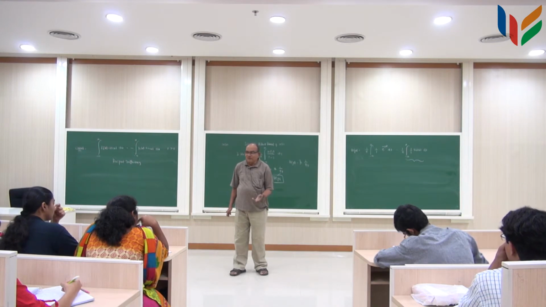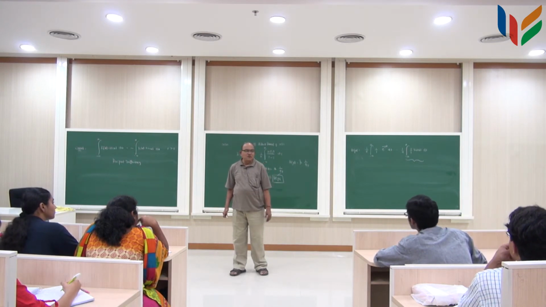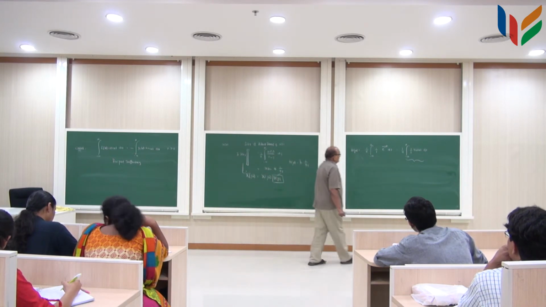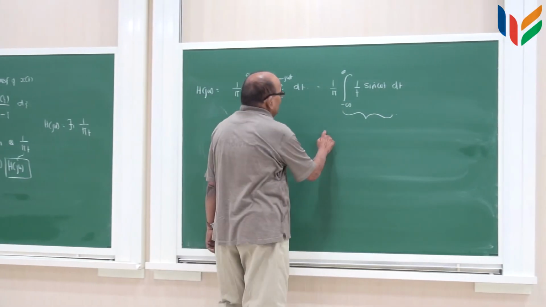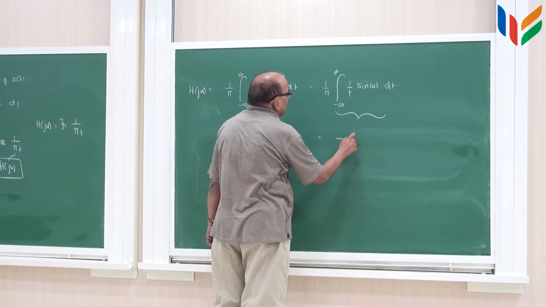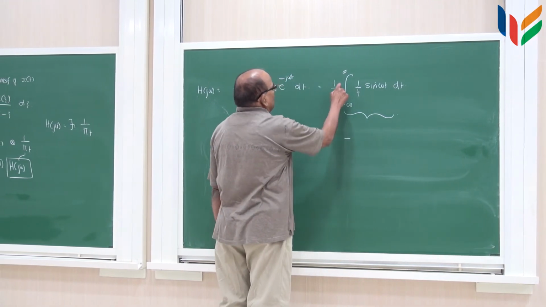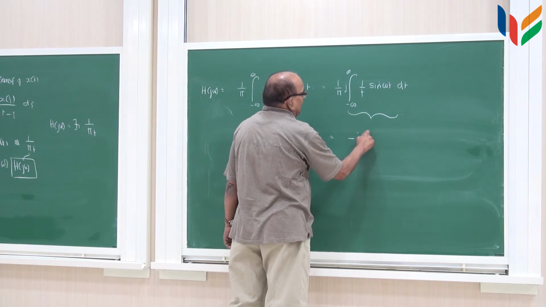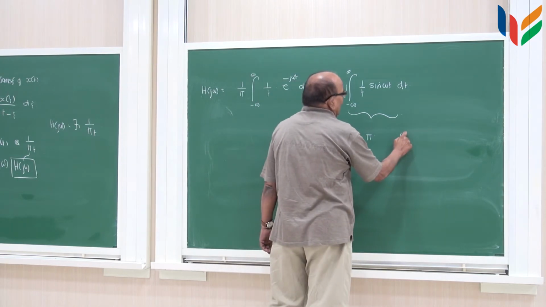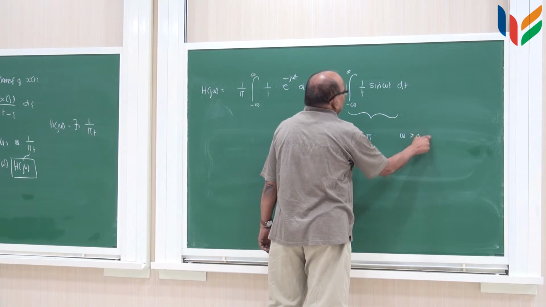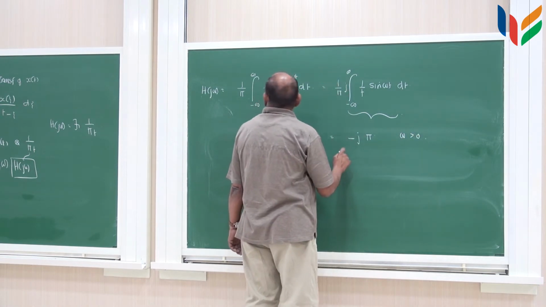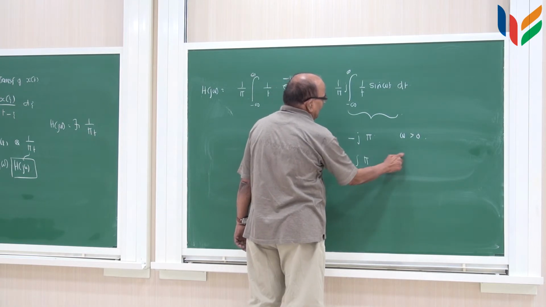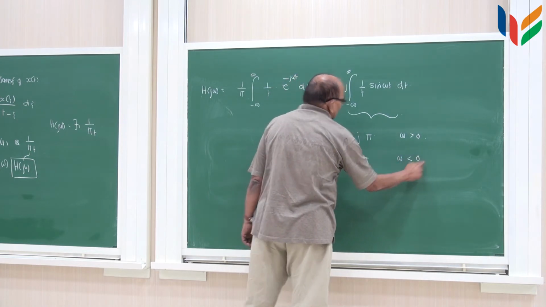One is to look up a table and find the value of this function, and this becomes equal to minus j pi for omega greater than 0 and is equal to plus j pi for omega less than 0.